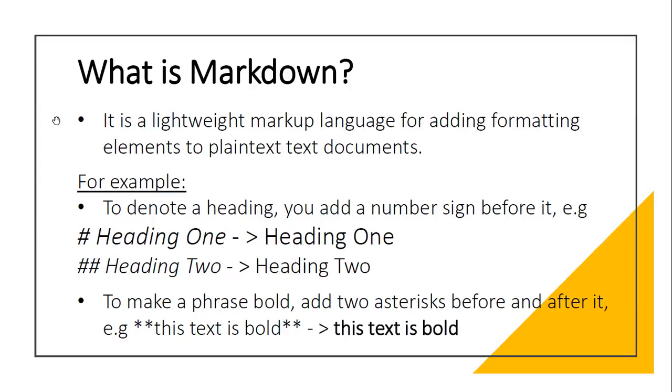And as you increase the hash signs, like you use 2 hash signs, you see the size of the heading reduce. So basically, the hash is for defining the font size of your text. If you use 3 hashes, it's going to be even smaller in font than what you have here.